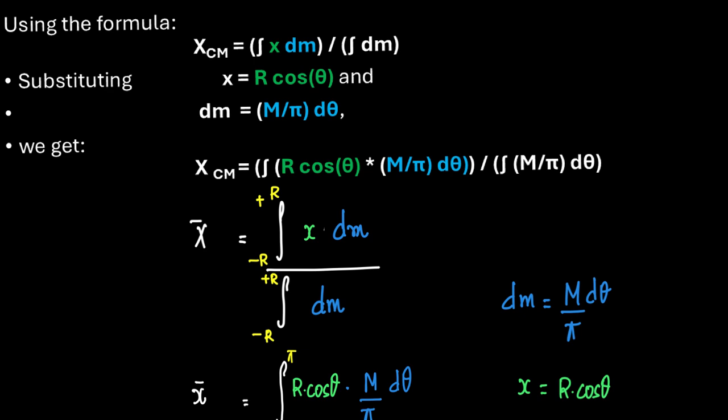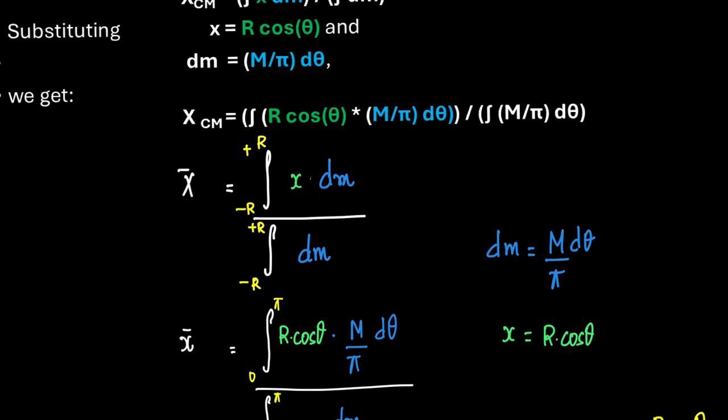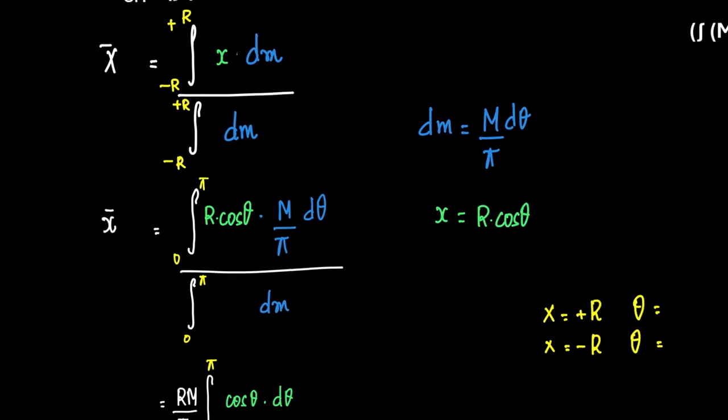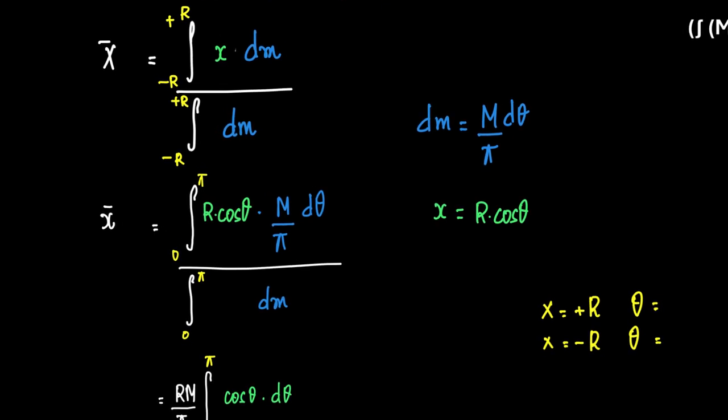So, integral x dm being integrated from minus r to plus r. What is x? x is r cos theta. Why? Polar coordinates. What is dm? We just derived it to be M by pi into d theta, right?